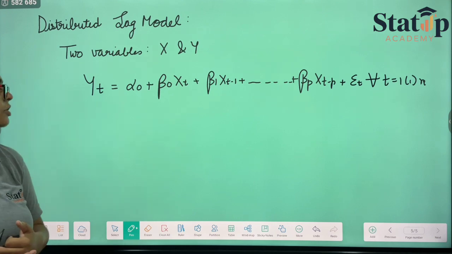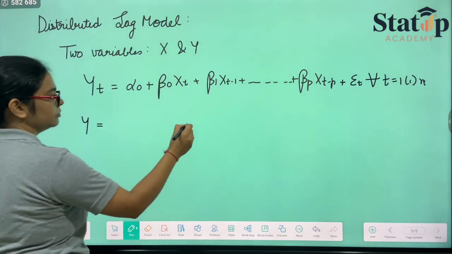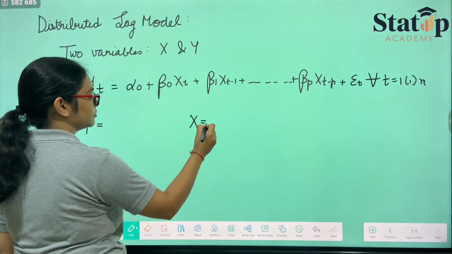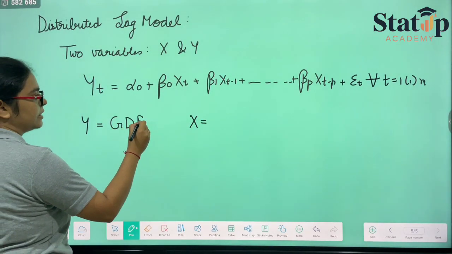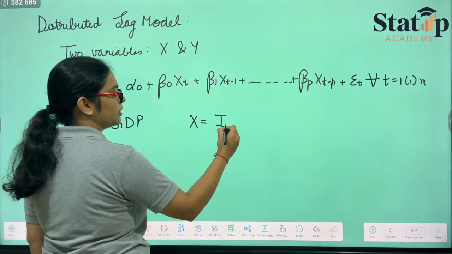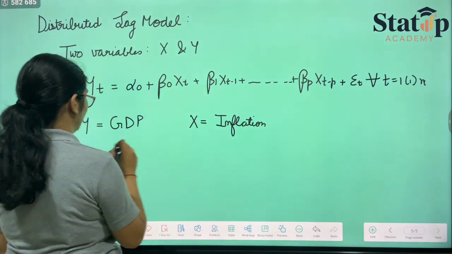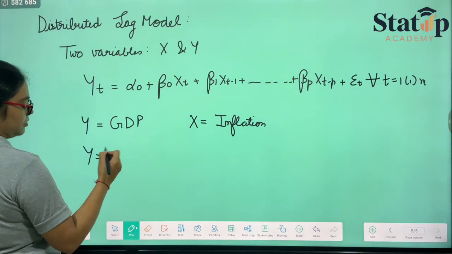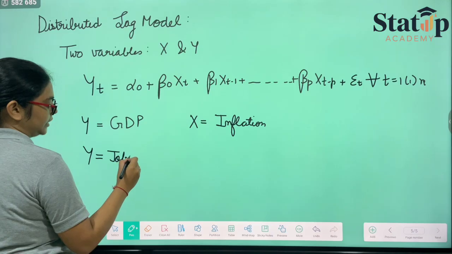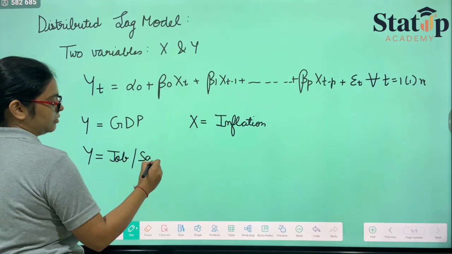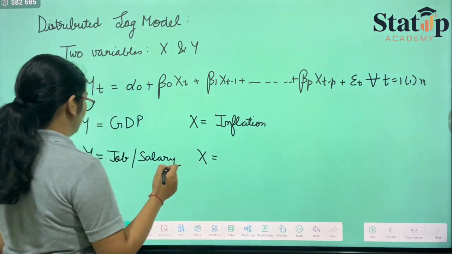So where do we use the distributed lag model? Suppose our y is GDP, then x can be inflation. Suppose in y we are calculating the job salary, then it depends on what?